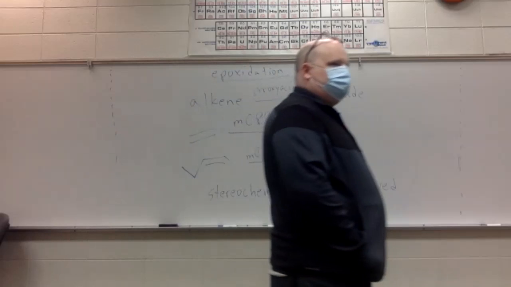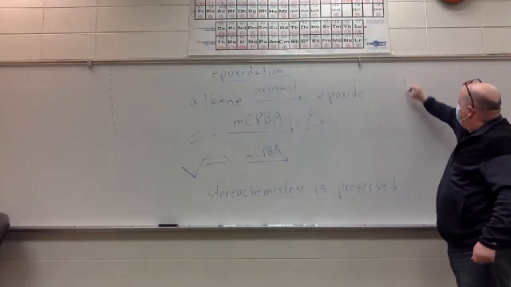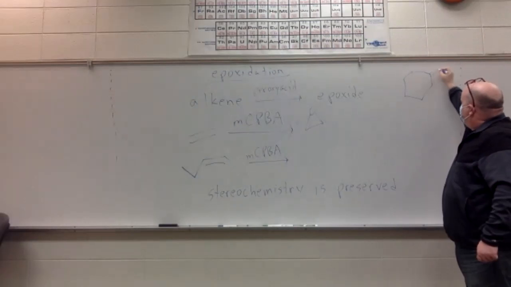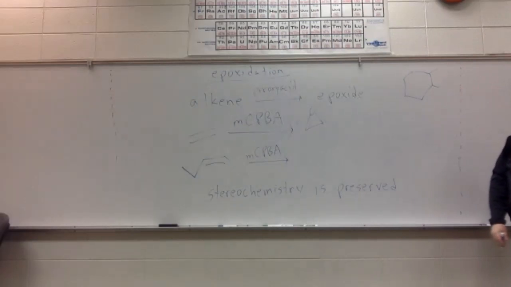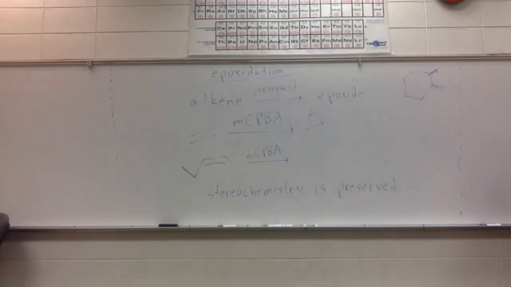Or me, possibly. Rings. Remember, you have a cyclohexane ring or something like that? You have two things hanging off of it, like two methyl groups or something. If it's like that, it's cis or trans? Trans, right? If they're on the same side, it's cis.